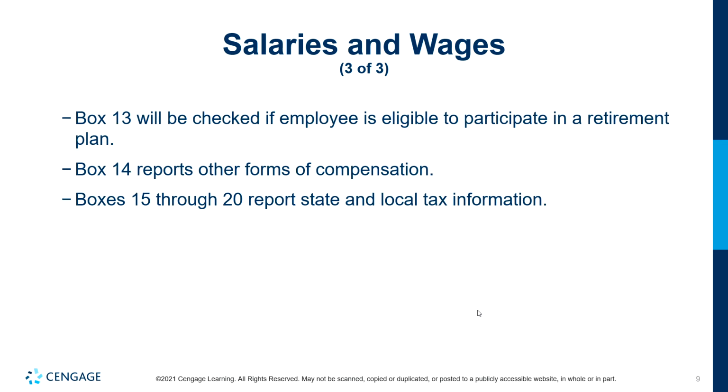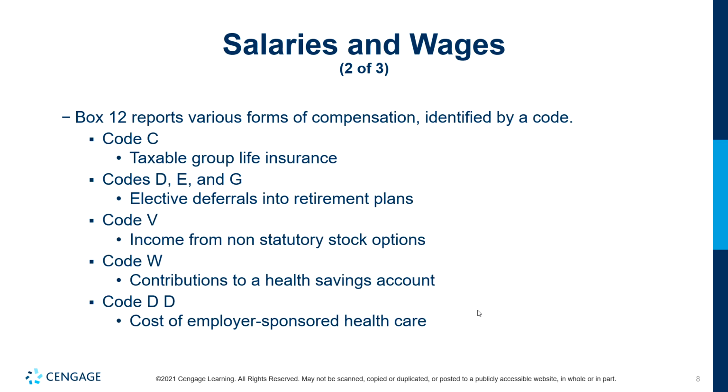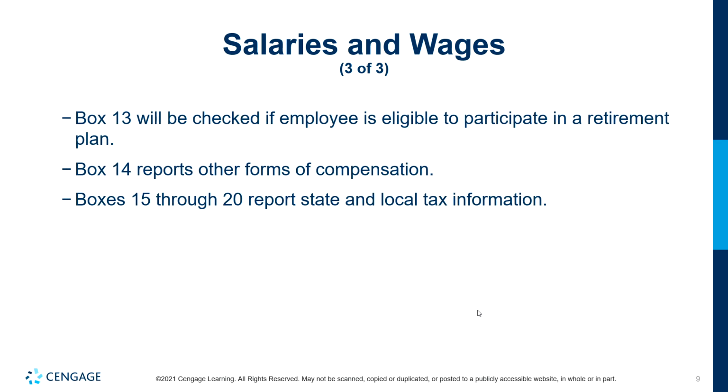Then we have box 13, which is checked if an employee is eligible to participate in a retirement plan. Usually, I will say this, if box 13 is checked, most likely we have either a code D, code E, or a code G that's actually shown for the retirement. Box 14 reports other forms of compensation.